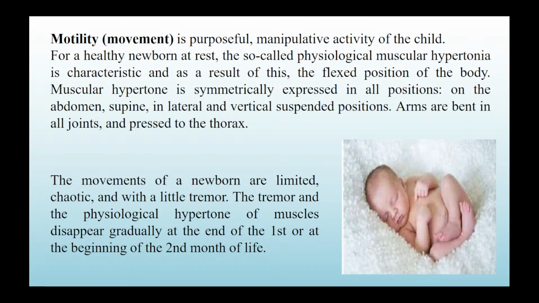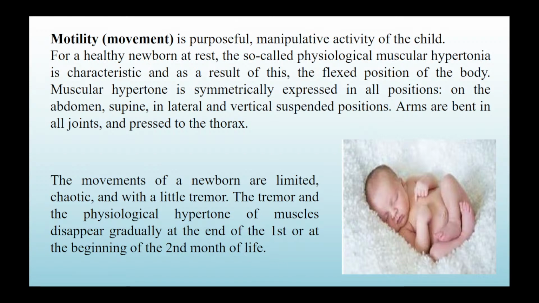Muscular hypertone is symmetrical, expressed in all positions: on abdomen, supine, lateral, and ventral suspended position. Arms are bent in all joints and pressed to the thorax. You can see on the picture the position of a newborn.